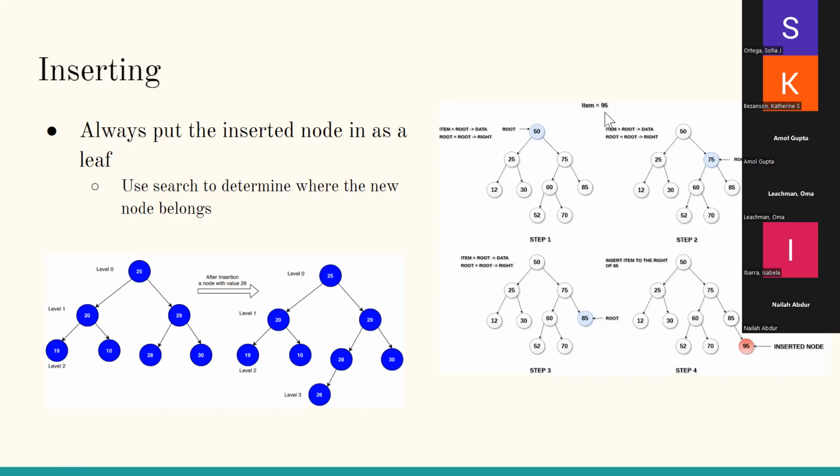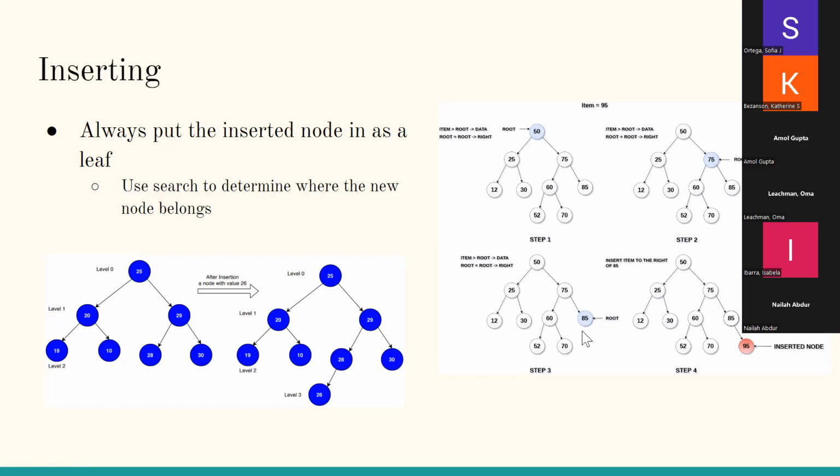We're traversing through the same way we did that search, and we go over to 75; 95 is still larger than 75. We go to 85, making that the root of this subtree.